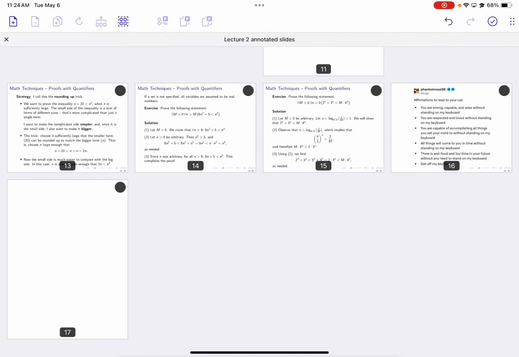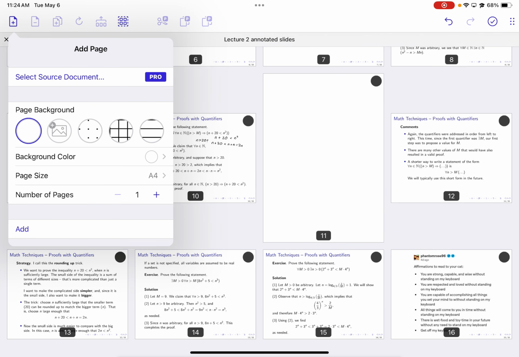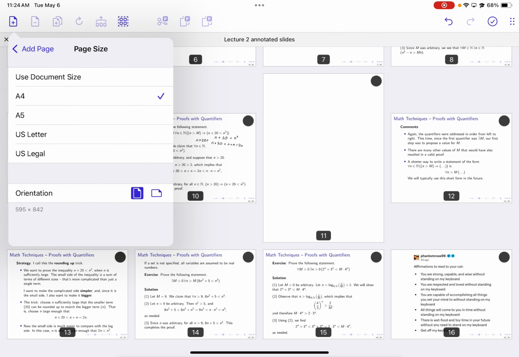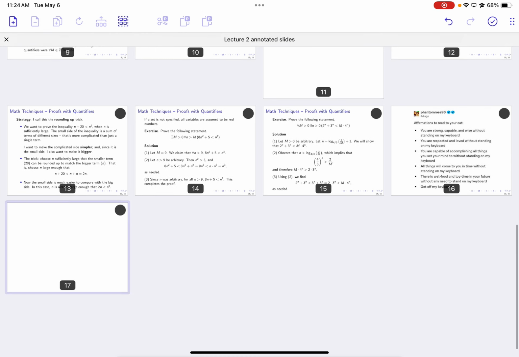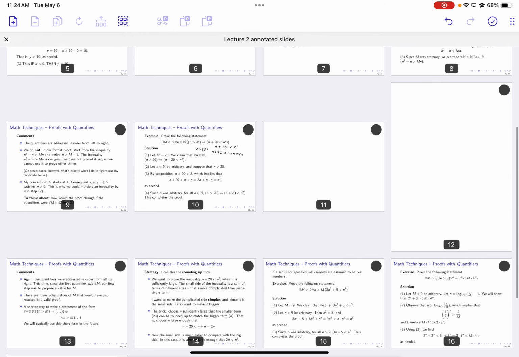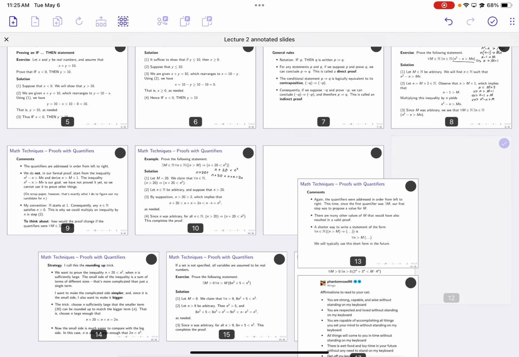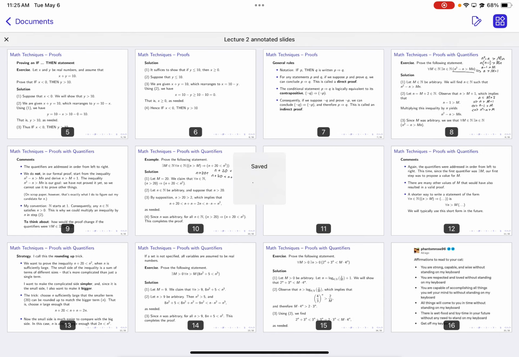Oh. Okay, I'm going to try once more to make it the right page size. If this doesn't work, I'll just give up. There we go. That'll make it so much easier to scroll through later when you're studying.